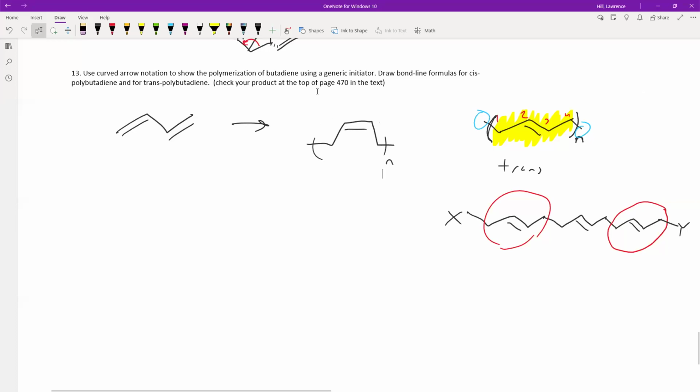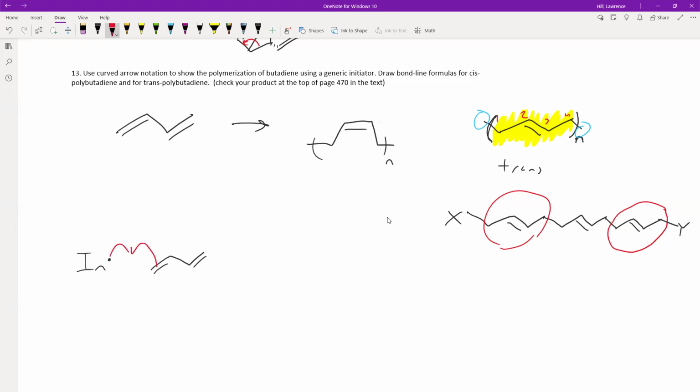Use curved arrow notation to show the polymerization of butadiene with a generic initiator. And so that's shown in the text as just initiator. We can imagine it as a radical, as an anion, as a cation. It's going to be some reactive species, but for now, let's just pretend it's a radical. What does that look like?